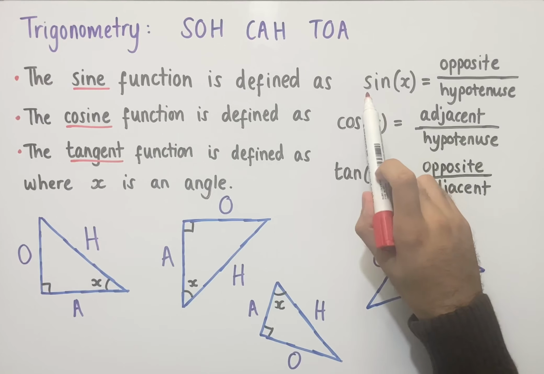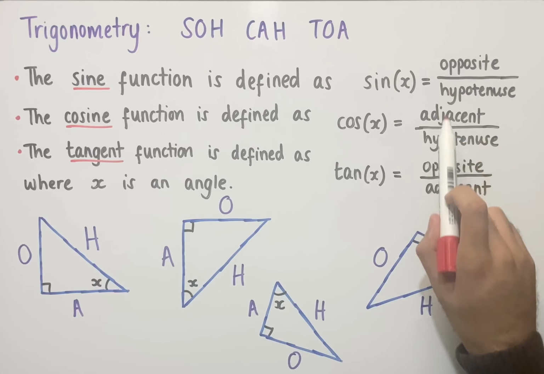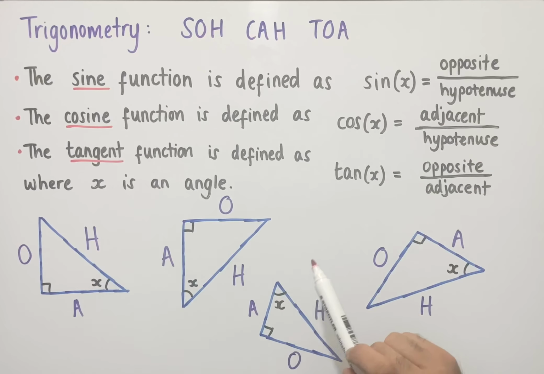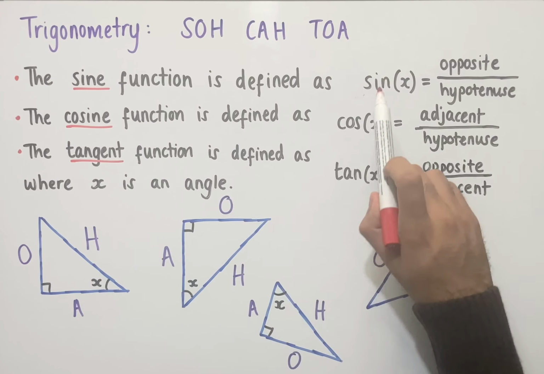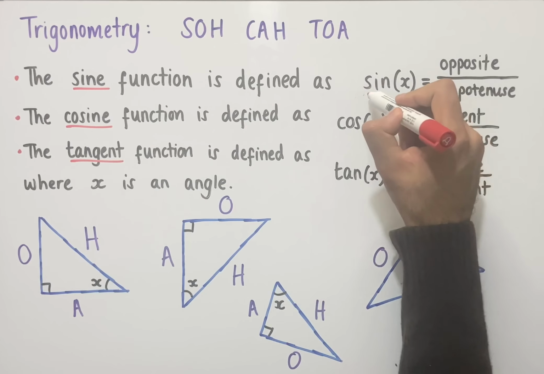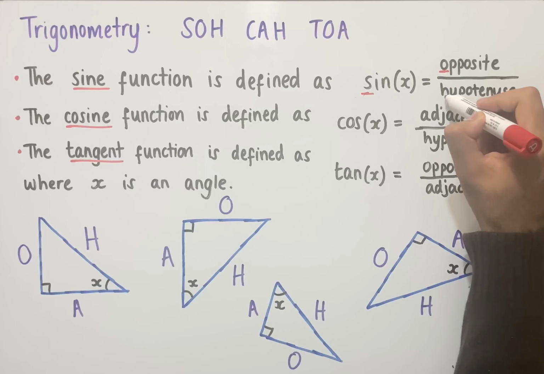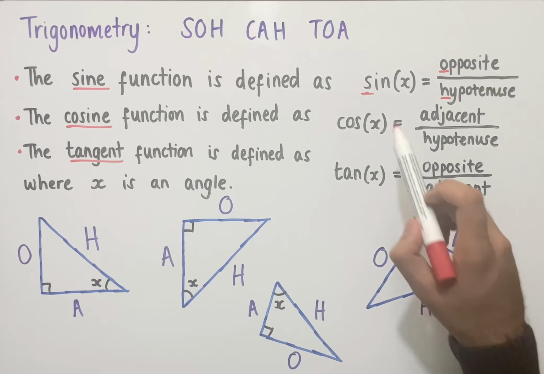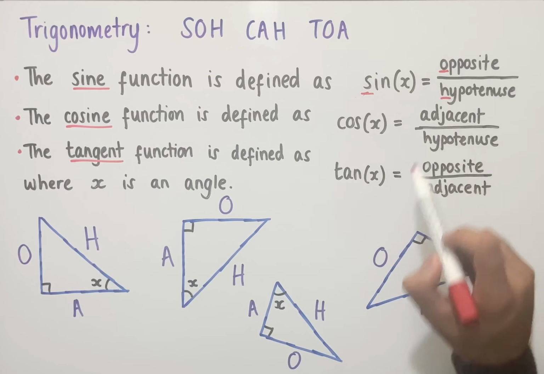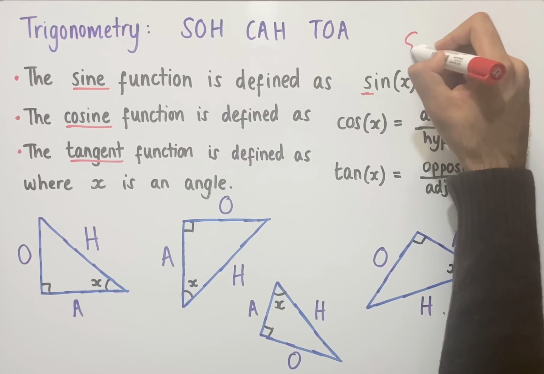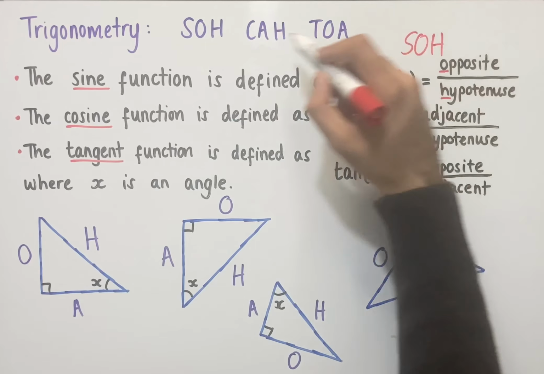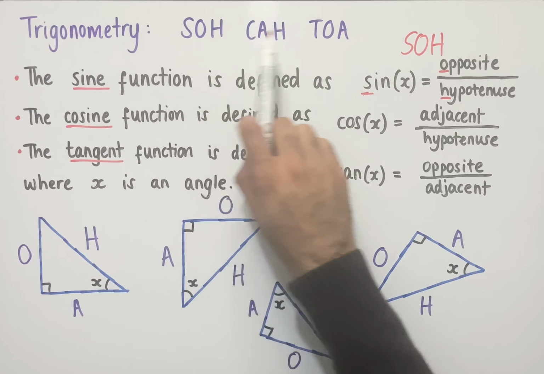If we look at the first letter of each of the words within these equations, we get the following acronyms. For this first equation, we've got the first letter here as S, and for this word, the first letter here as O, and the first letter here as H. And so, taking all three letters together, we get the acronym SOH, which is the first part of what we've got here.